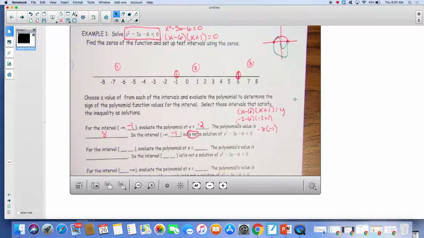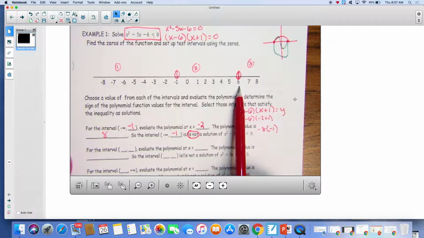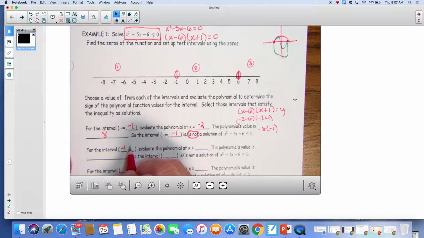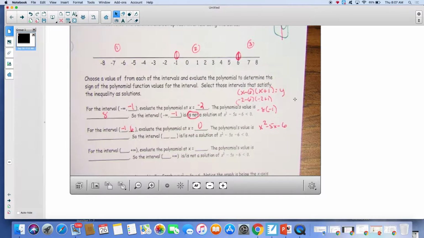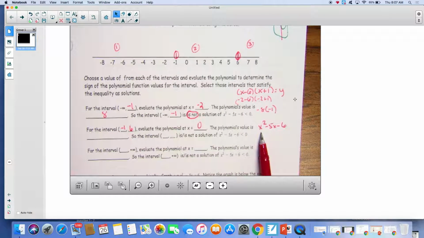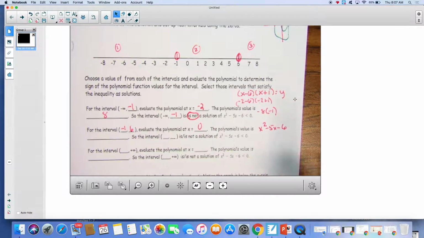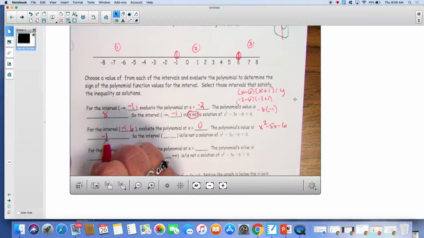For interval number 2, that's between -1 and 6, what value am I going to pick there? I'm going to pick 0. I'm going to go to the original function here, because when I plug in 0, these go away, and I can quickly see that its value is -6.